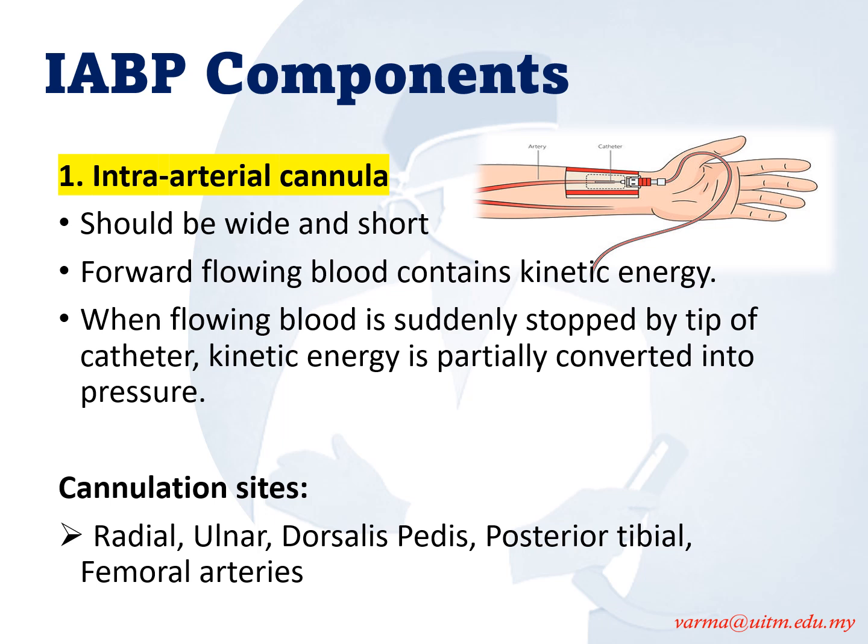When the forward-flowing blood is suddenly stopped by the tip of the catheter within the vessel, this kinetic energy is partially converted into pressure and then displayed in numerical form on the display monitor after being processed within the transducer. The common cannulation sites for arterial cannulas are the radial, ulnar, dorsalis pedis, posterior tibial, and femoral arteries.